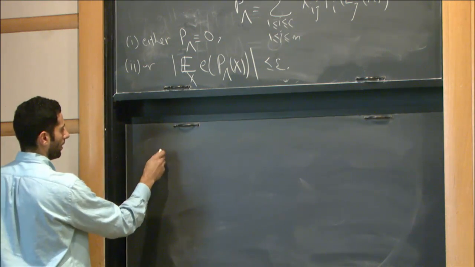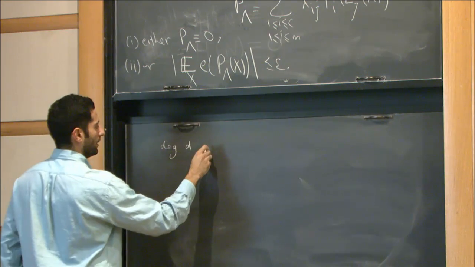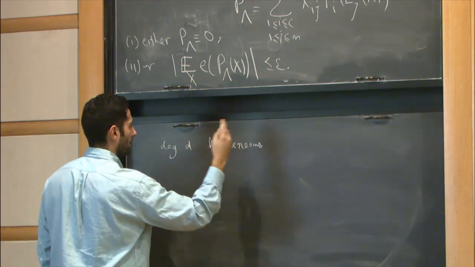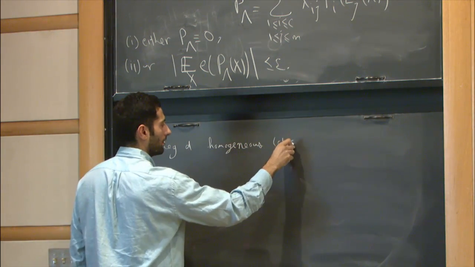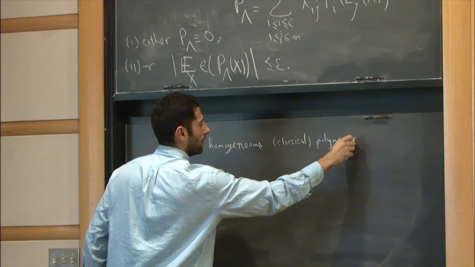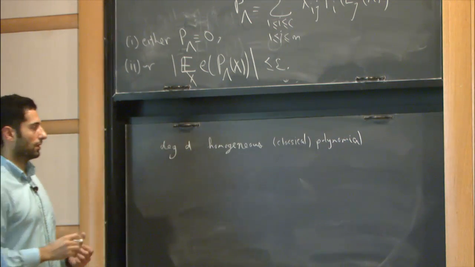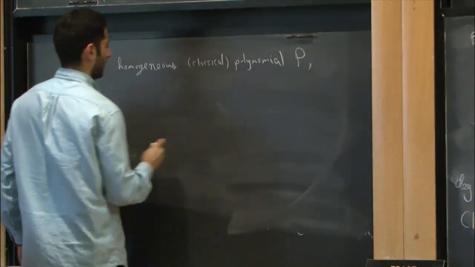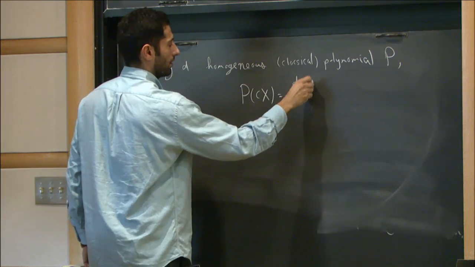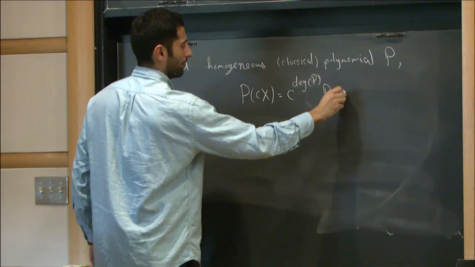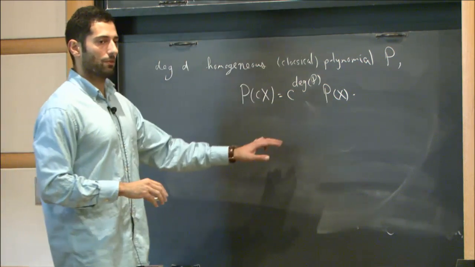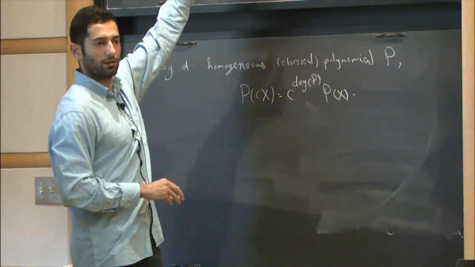So recall that a degree d homogeneous classical polynomial has this nice property that P of C times X is always C to the degree of P times P of X. And this is what we really need from what we mean by homogeneous non-classical polynomials.